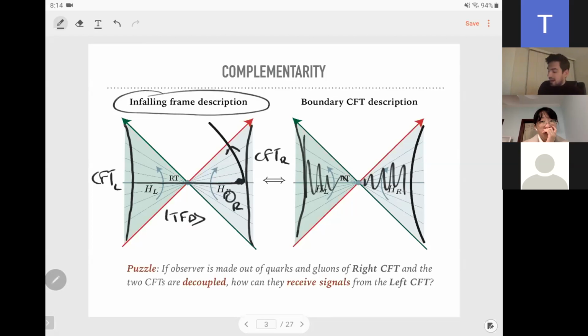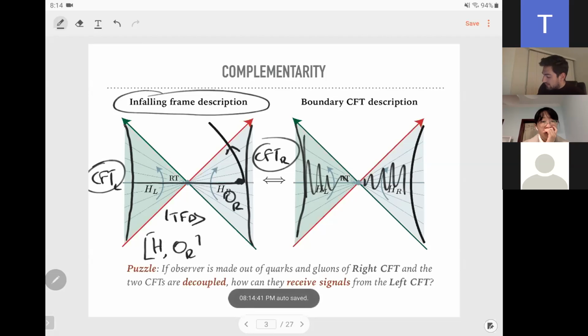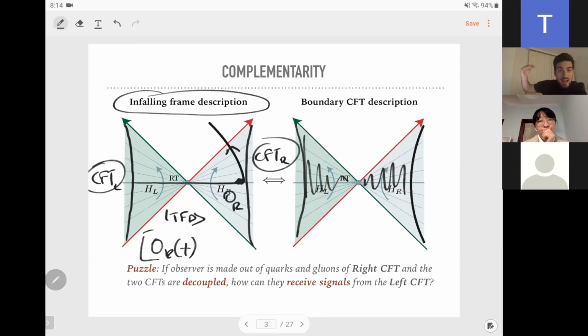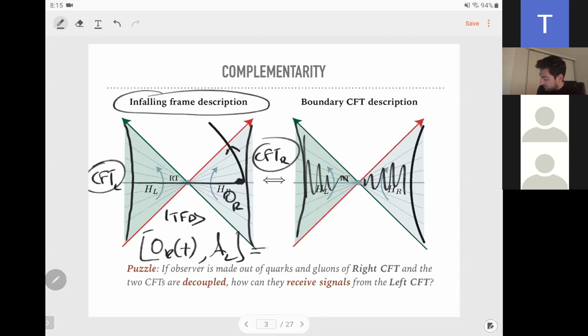So I introduced this probe, but of course, because this CFT and this CFT are completely decoupled, no amount of dynamical evolution will mix this operator with the left CFT algebra. Namely, any amount of dynamical time evolution of this right CFT operator will commute with the entire algebra of the left, just by definition.